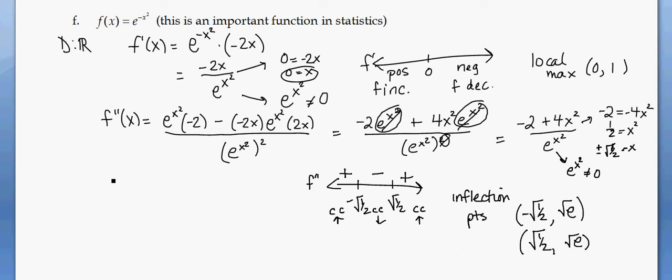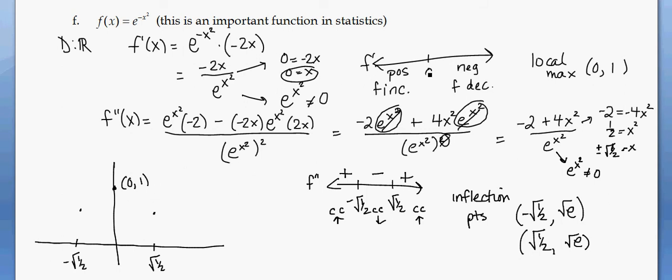There's our local max. Let's sketch it. So we've got a local max at (0, 1). And then at positive square root of a half, comma 1 over the square root of e, we have an inflection point. And then symmetrically over here, an inflection point. Okay, so what's happening?